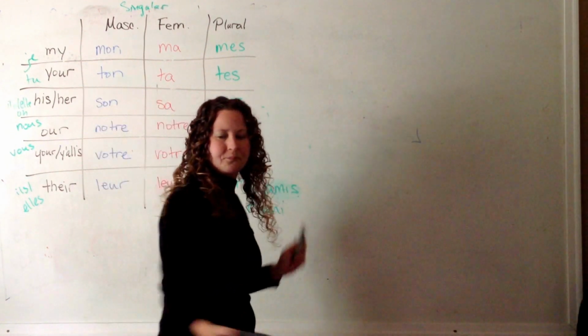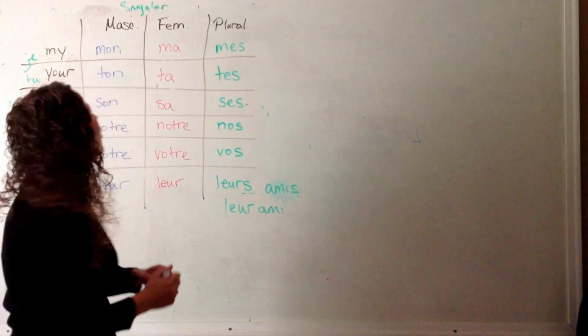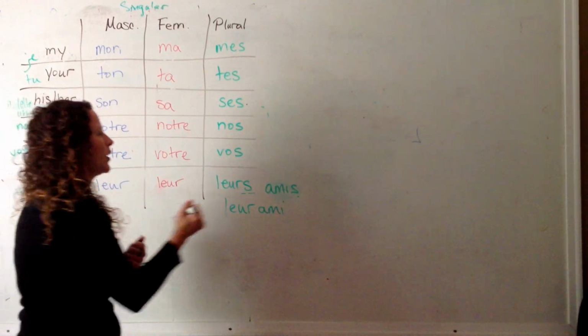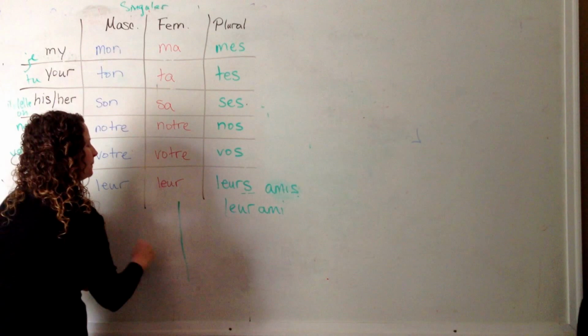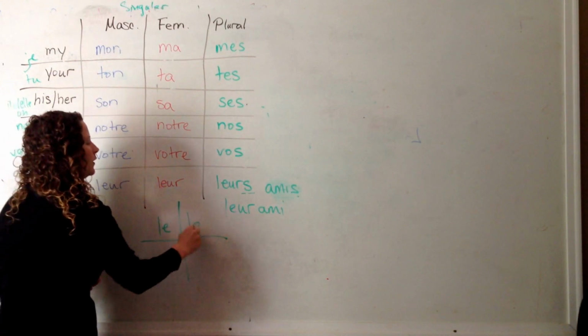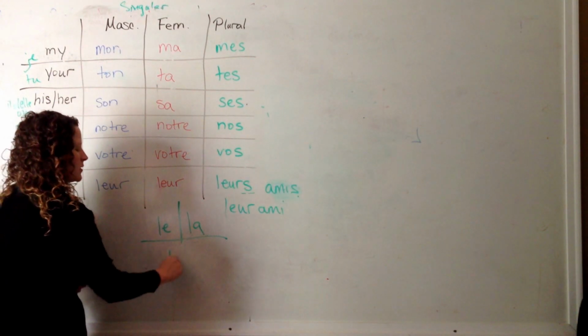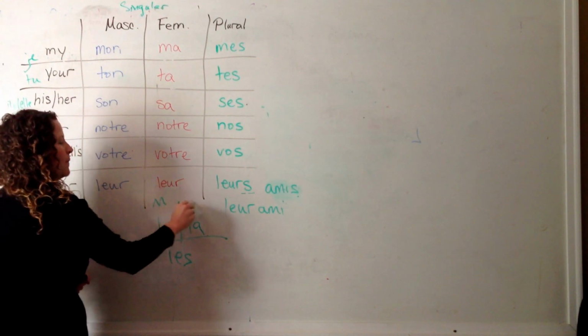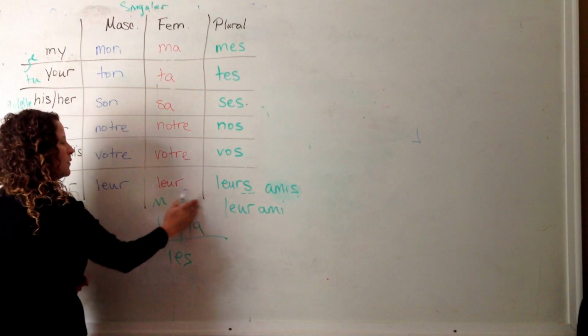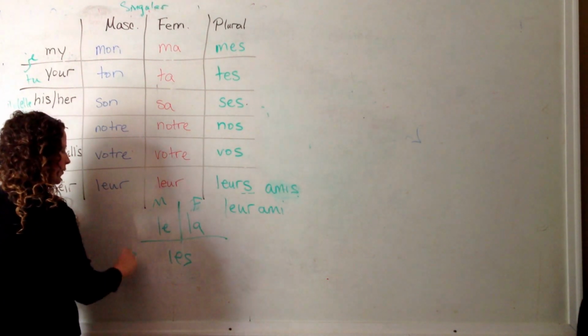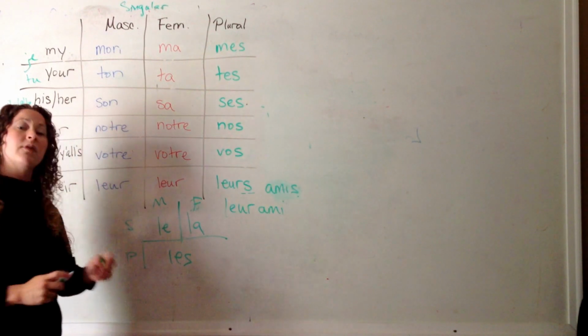And so, one of the things, and you may remember in our le, la, les chart, remember for the, we had masculine, feminine, and plural. This was singular, right, for the.